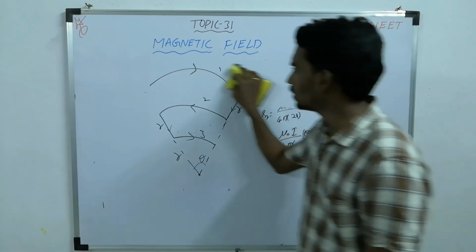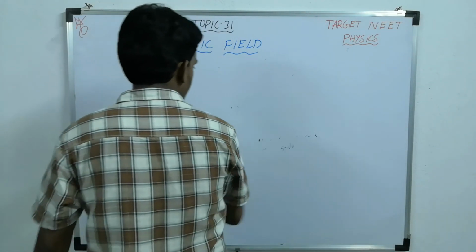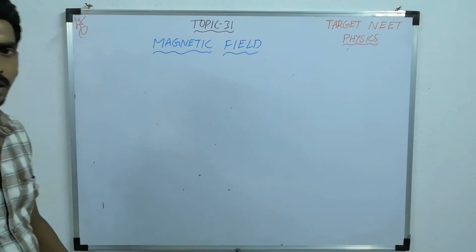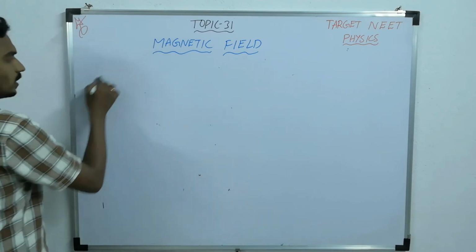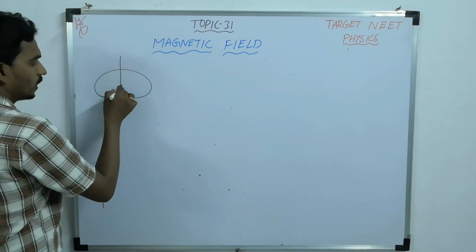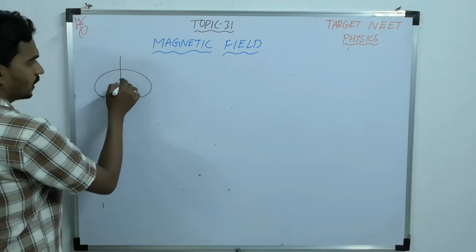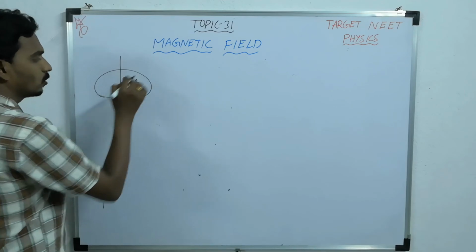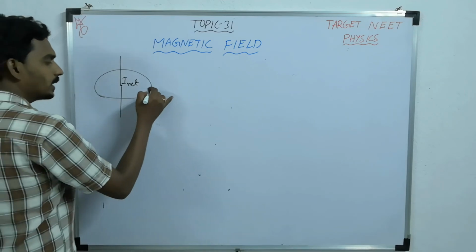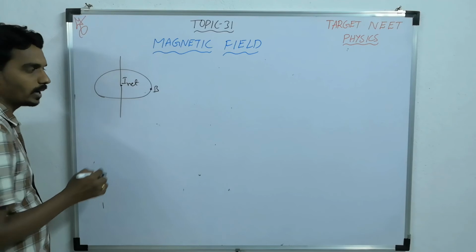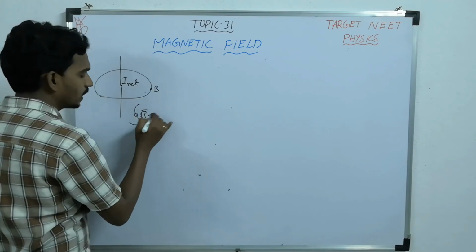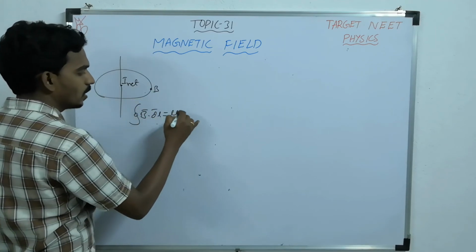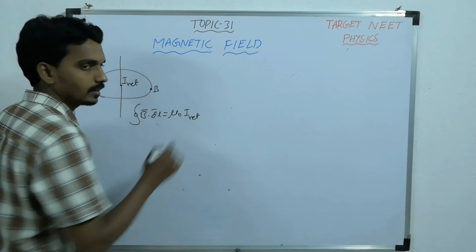And sometimes the questions can also be asked based on Ampere circuital law, where for any closed loop, if there are multiple currents, let's take the total net current within the loop as I net, and the magnetic field on the loop at any point is B, then the line integral for this closed path is mu naught times I net.